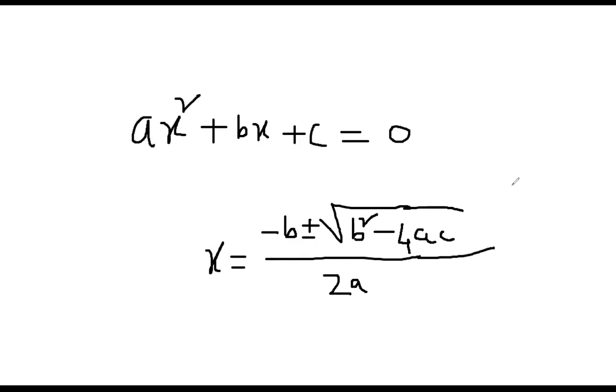Everybody, can you remember this one? It was in high school. Yeah, so this is the quadratic equation, ax square plus bx plus c equal to 0. Then this will be the solution: x equals minus b plus minus root over b squared minus 4ac, and then in the denominator, 2a.